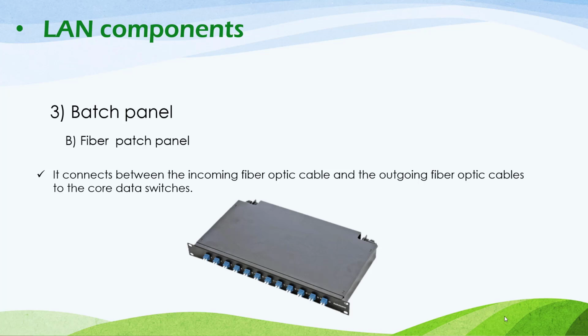So what happens here is that the main fiber optic cable is not connected directly from the internet service provider to the core switch, but it passes on the fiber optic patch panel as an input. Then there is an output fiber cable that is connected from the fiber optic patch panel to the core switch to supply it with the main optical signal from the internet service provider company.